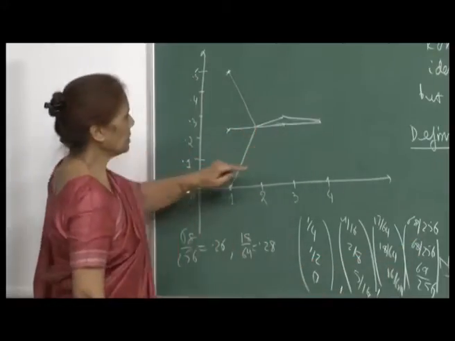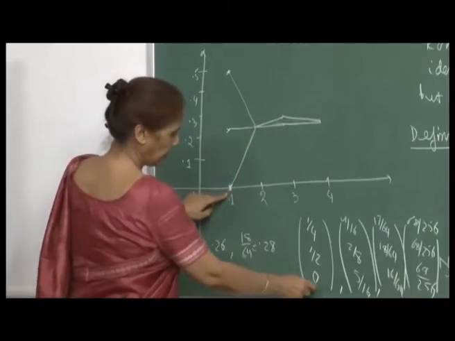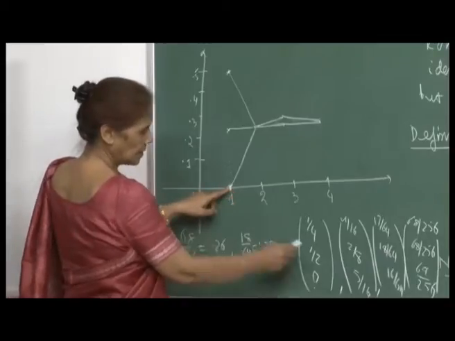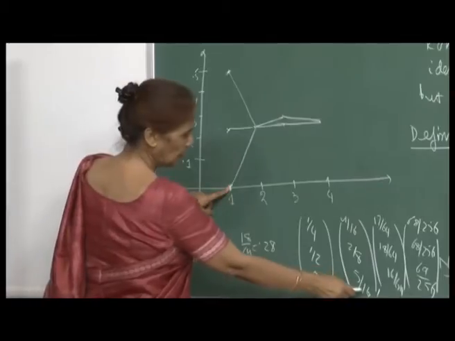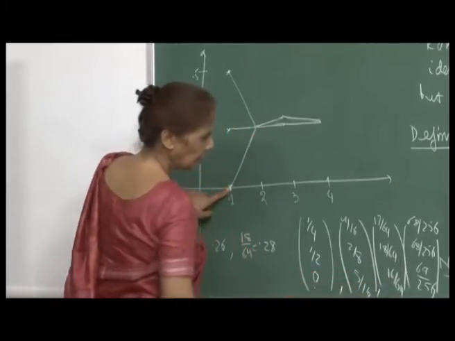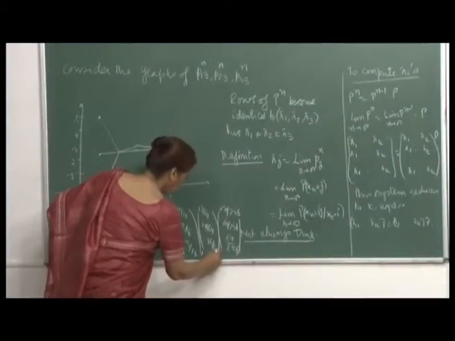And for P33, it is 0 in the beginning, in time period 1, then it jumps to 5 by 16, which is a little more than 1 by 4, so a little more than 0.25. Then it comes to 16 by 64, which is exactly 0.25.